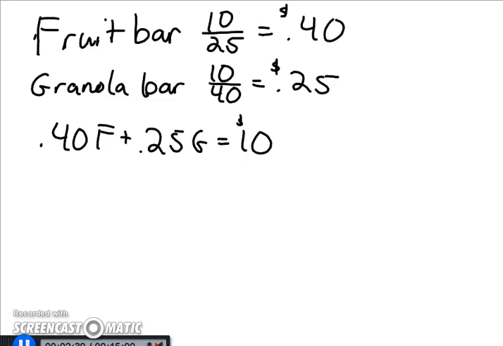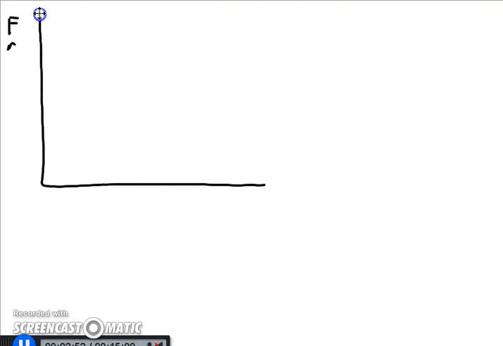So it says that you can buy 25 fruit bars if you buy no granola bars. So when I make this graph, here we have fruit bars, and here we have granola bars.